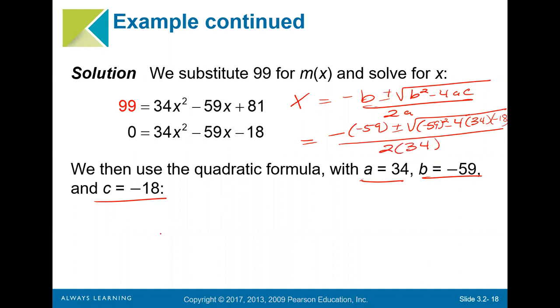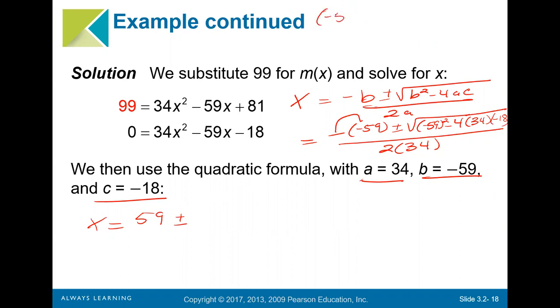So I'm going to type this in my calculator right quick. I'm going to clean it up too. So I have x is equal to negative times negative is positive, so I got positive 59 plus or minus. And inside that root, if you want to determine how many real roots or solutions we have, we can do it right here.